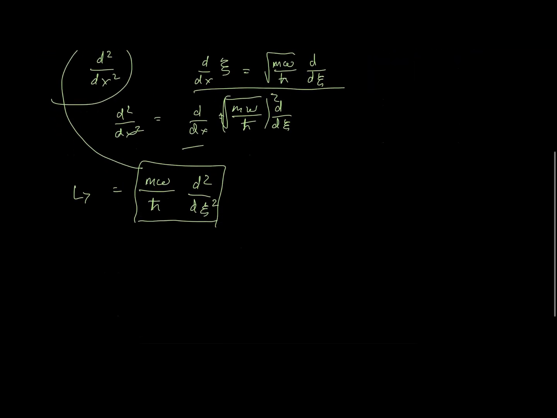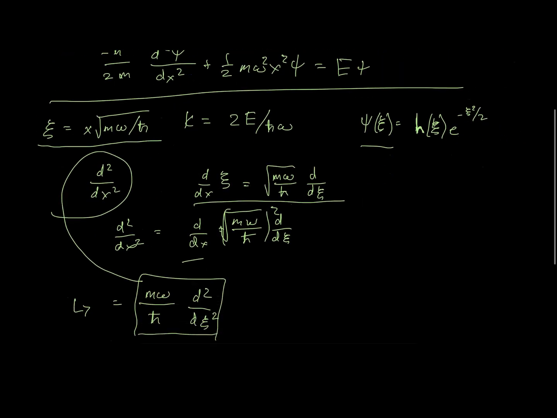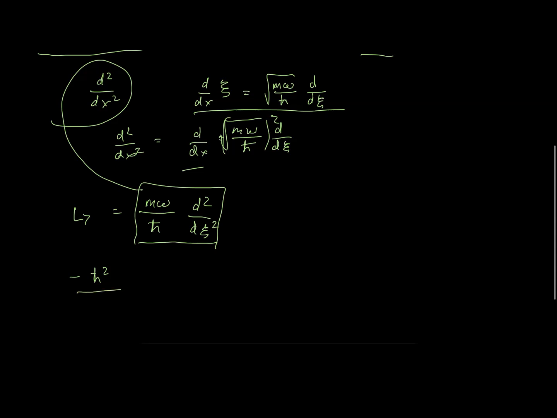So we'll go ahead and just rewrite it again. Negative h bar squared over 2m times m omega over h bar, then we have d squared over d xi squared.